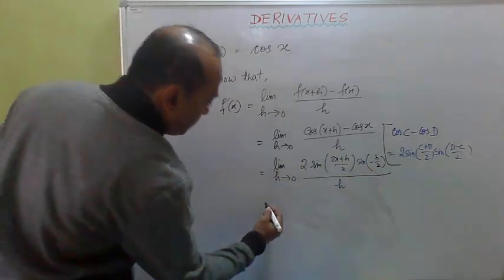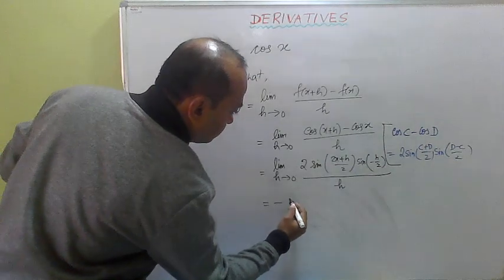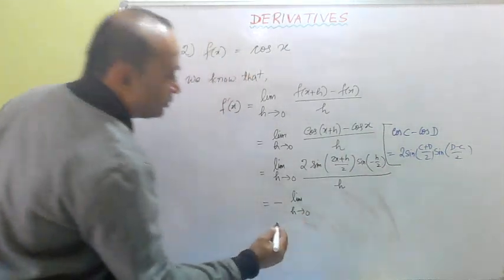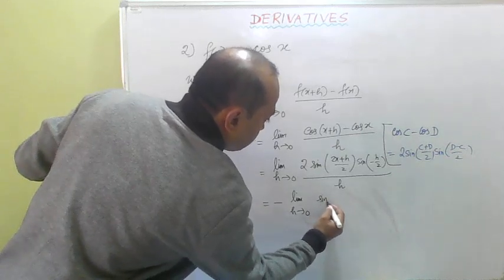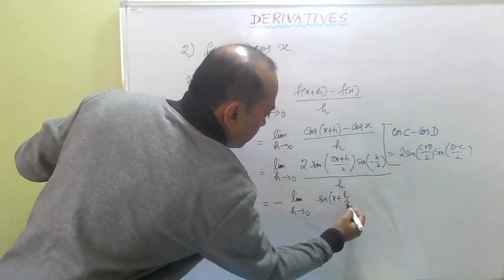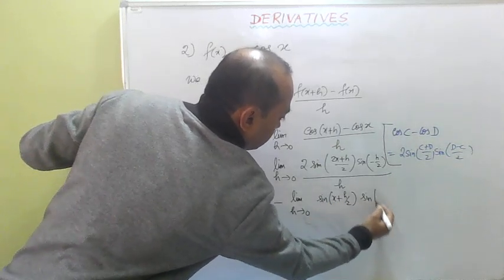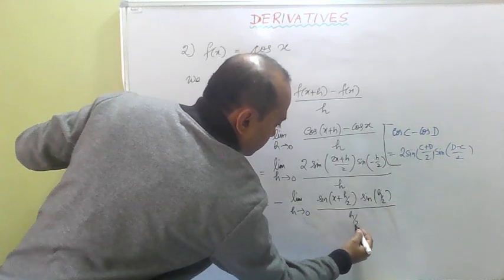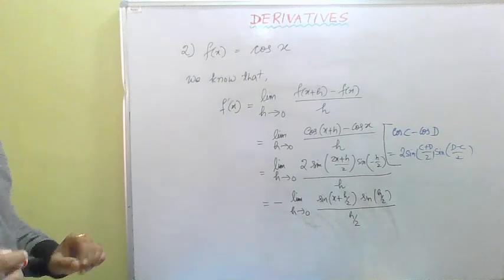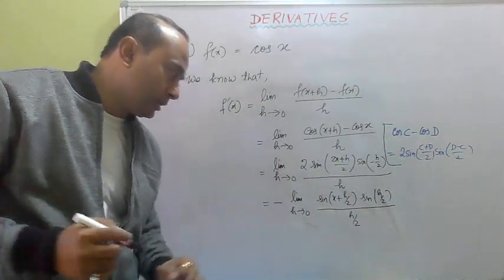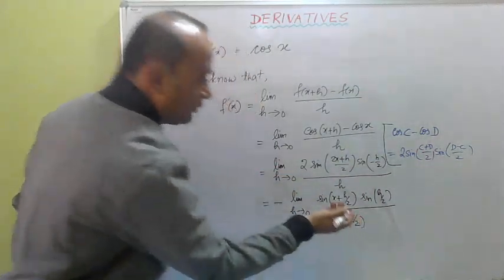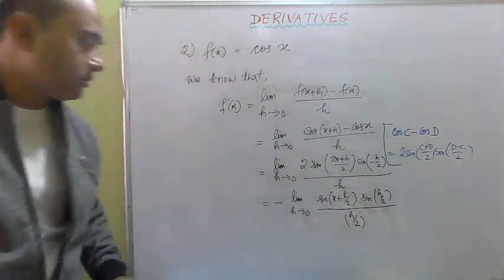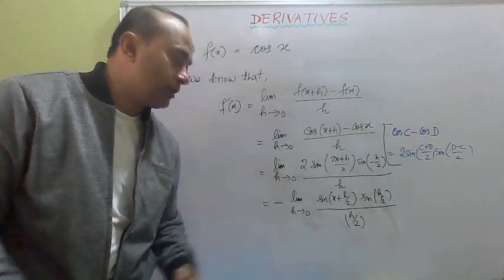So in the next step I am going to write down minus of limit of h tends to 0, sin(x plus h by 2) sin(h by 2), the entire thing divided by h by 2. I have brought the numerator 2 to the denominator. So now it is easily visible that I am going to combine sin(h by 2) with h by 2, and this other function I am going to separate out.